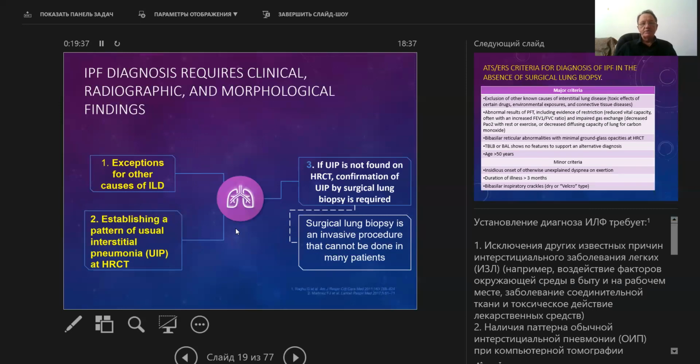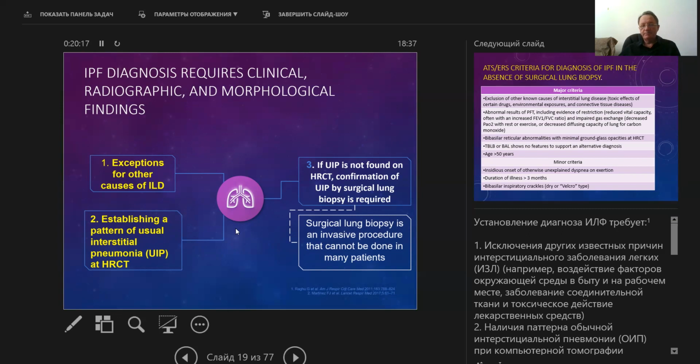IPF diagnostics is based on clinical, radiographic, and morphological findings. If the patient has clinical signs, we think about it, and with radiographic confirmation of usual interstitial pneumonia, we have all the criteria for making a diagnosis of IPF.